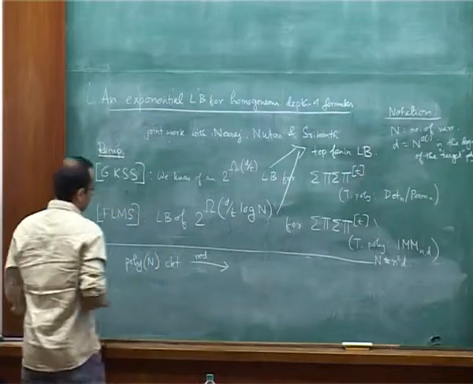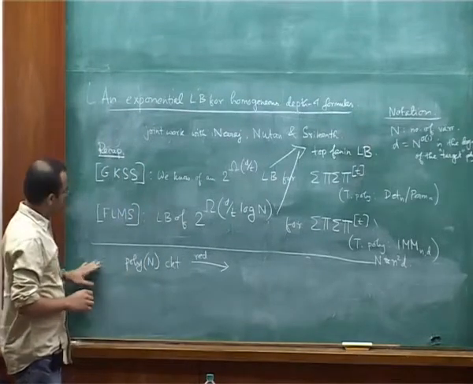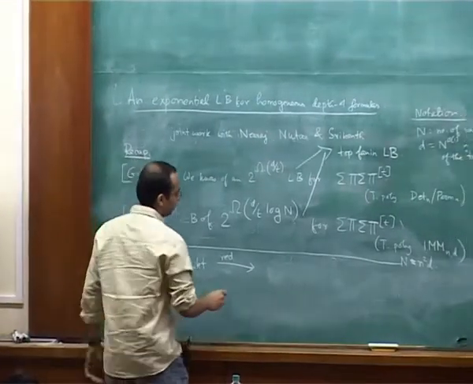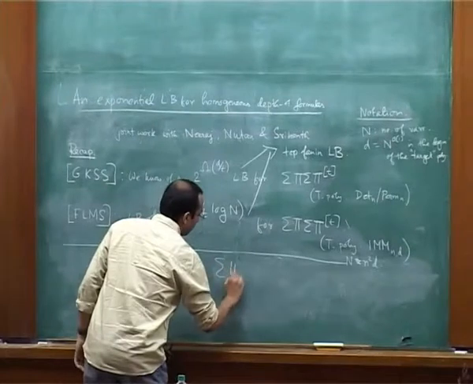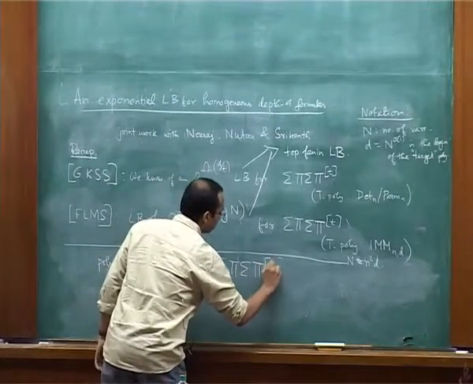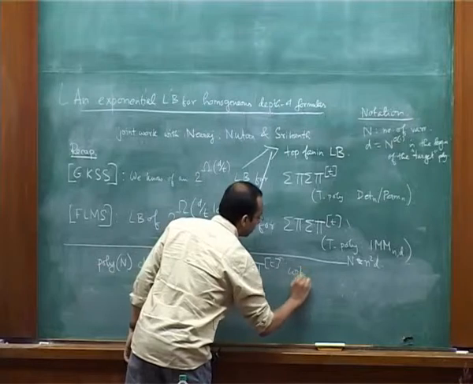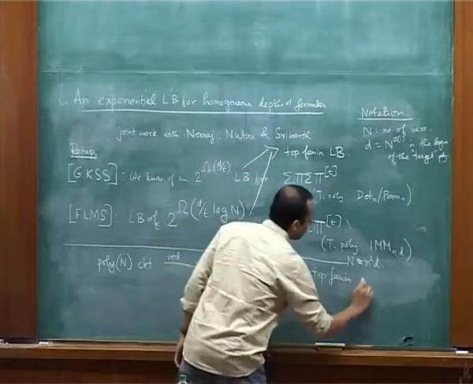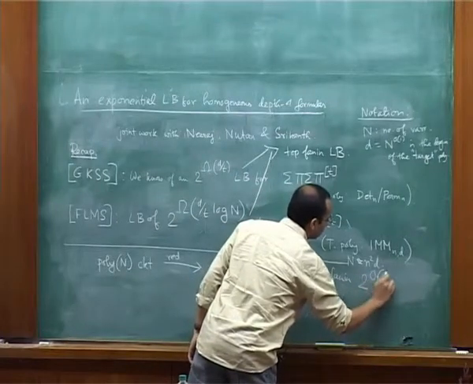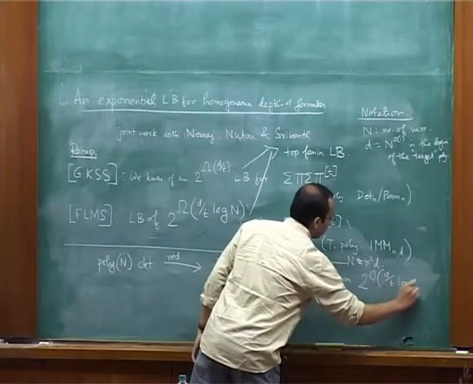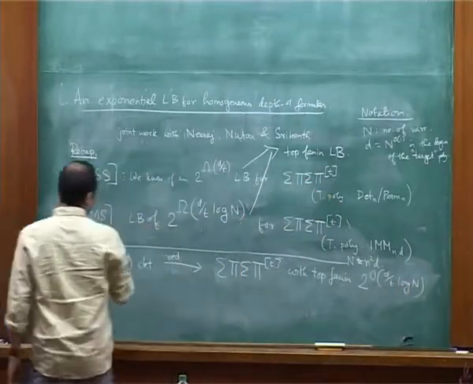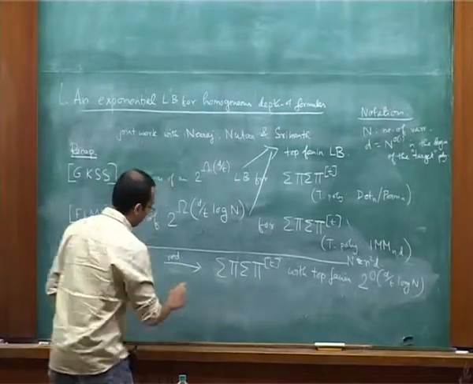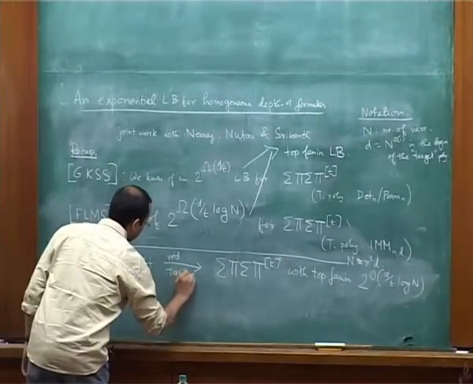And we also saw this result: the reduction from poly-n-sized circuits to sigma pi t circuits or formulas with top fan-in 2 to the order d by t log n. So this result actually shows that this particular reduction to this kind of model is tight, which is very nice to know.